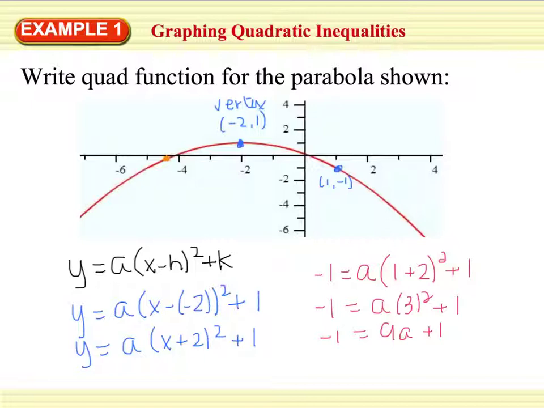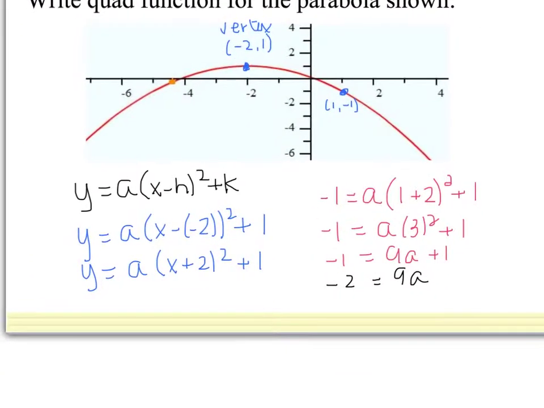If I go ahead and I subtract this value right here so that I can start to get a by itself, we end up with -2 is equal to 9a. And if I go to get a by itself now, I'm going to divide both sides by 9, and I see that a is equal to -2/9.